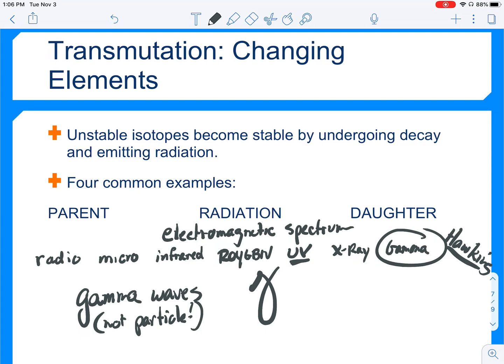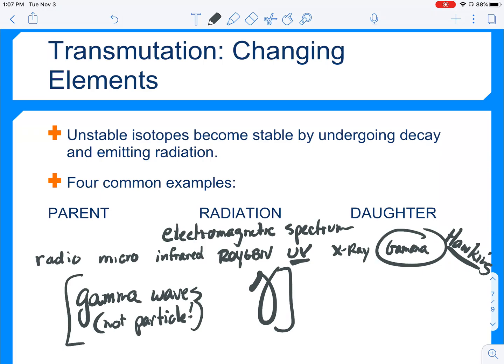Beta particles are more damaging, neutrons are more damaging, but gamma radiation takes the cake. If you're exposed to a high amount of gamma radiation, no, you do not become the Hulk, you become dead. So this is one of the major risks associated with working around high energy radiation sources: exposure to gamma radiation.